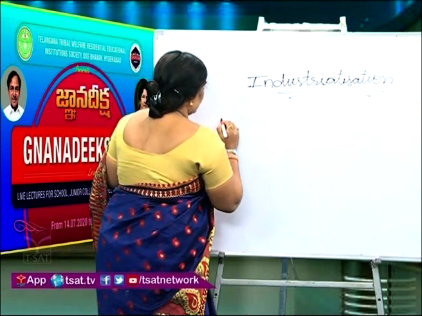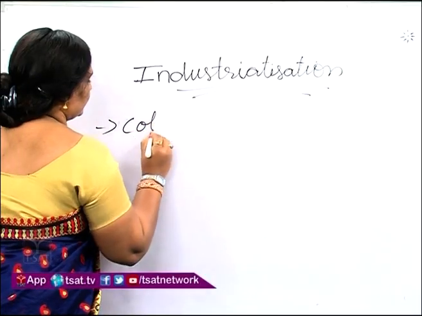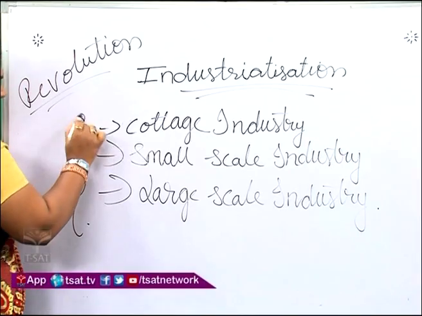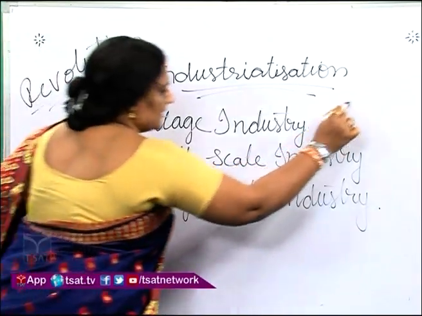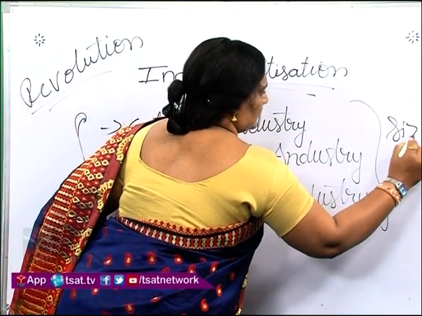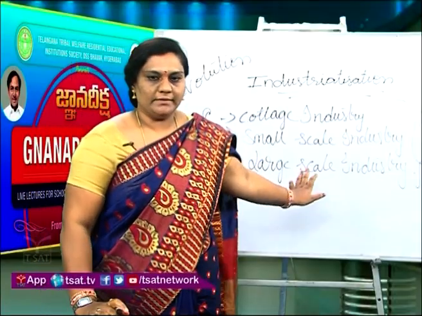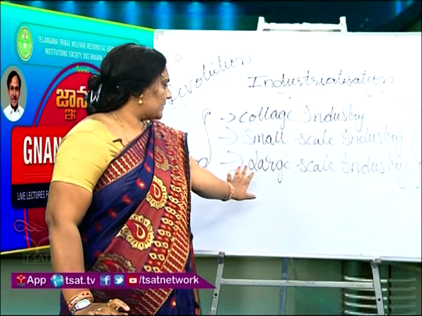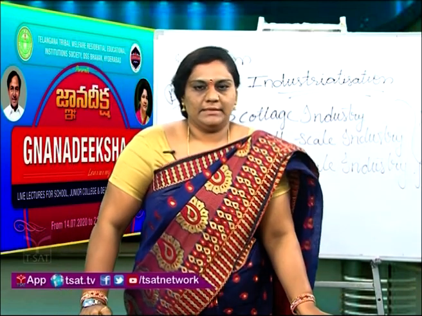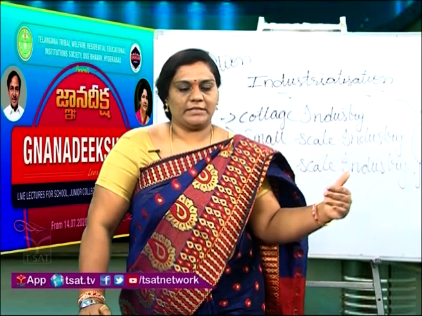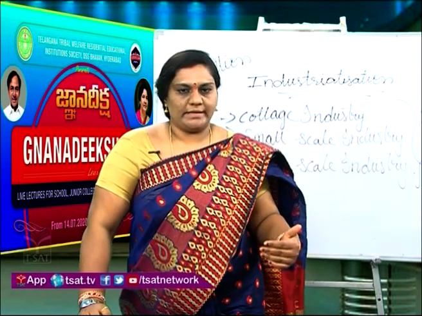First one is cottage industry. These industries are classified by their size. So we are talking about cottage industry, small scale industry and large scale industries. These are the classification of industries size wise.